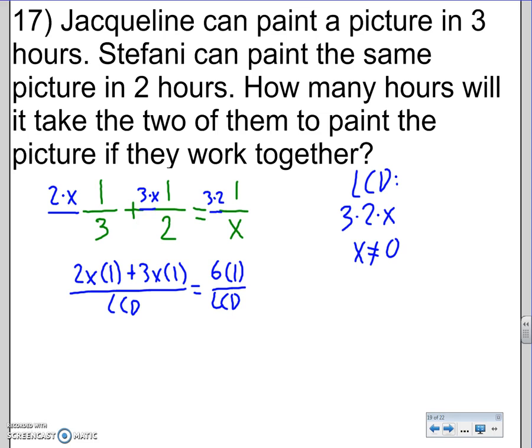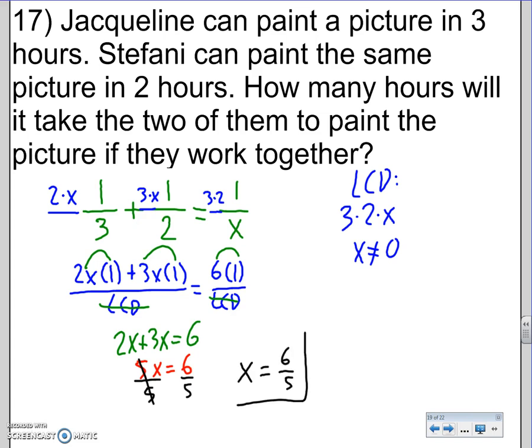So make sure your answer's not 0. Ignore the LCD because we don't care about the bottom anymore. If I distribute that, that's 2x plus 3x equals 6. Right? Algebra 1 problem, combine terms. 5x equals 6. Solve for x, I divide 5 divided by 5. X equals 6 over 5.